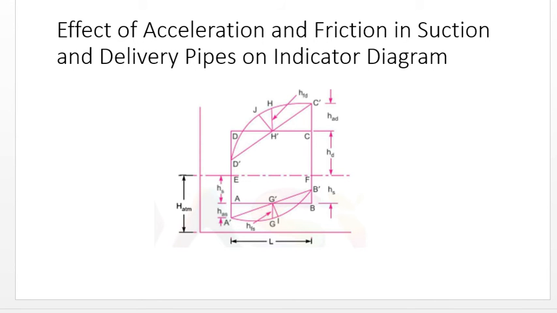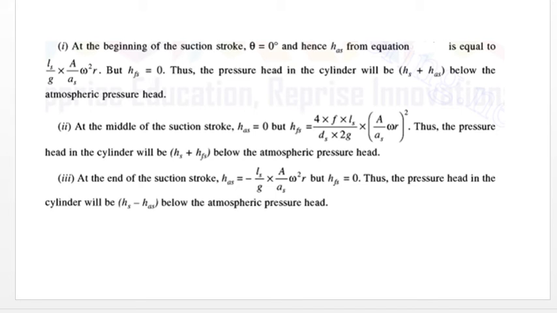But in this case we will discuss the effect of both on indicator diagram. Now, at the beginning of the suction stroke, when theta is equal to 0, HAS, the acceleration head in suction pipe, is equal to Ls by G into capital A upon As omega square r, where A is the area of the cylinder and small as is the area of the suction pipe.